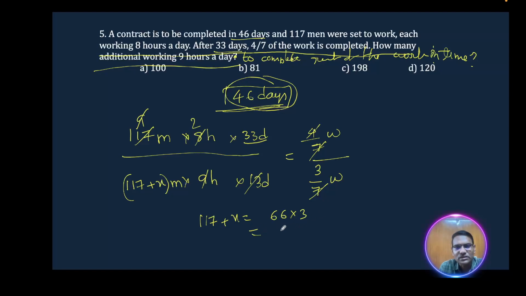That value is 198. Okay, now x equal to 198 minus 117. So that value is 81. 81 men should be added to 117 number of people to complete the work in time.